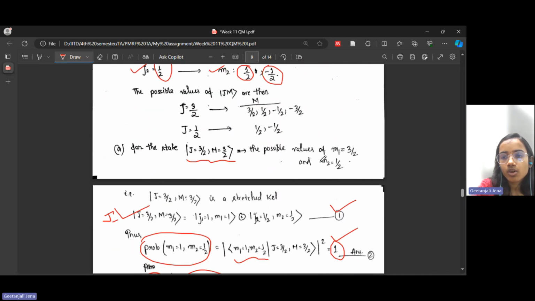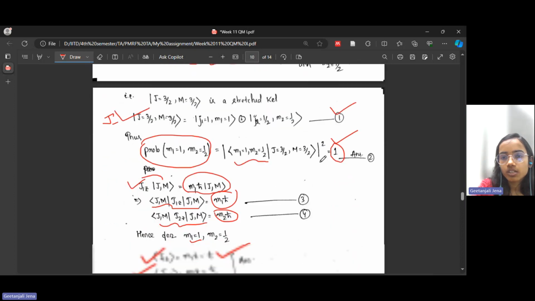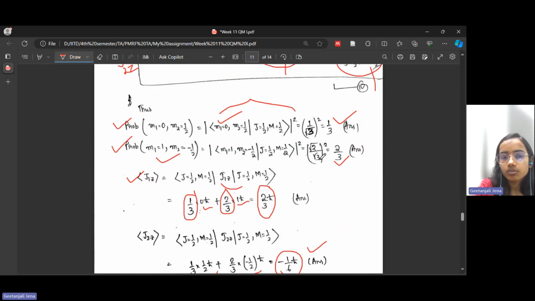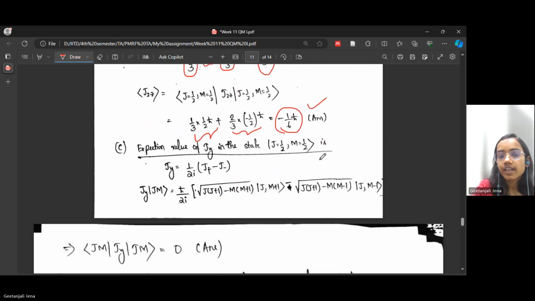So we have to express Jy in terms of the raising and lowering operators. Jy you already know is 1 by 2i times J plus minus J minus.